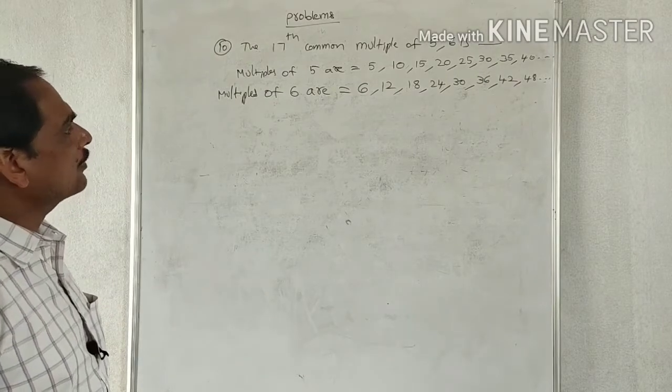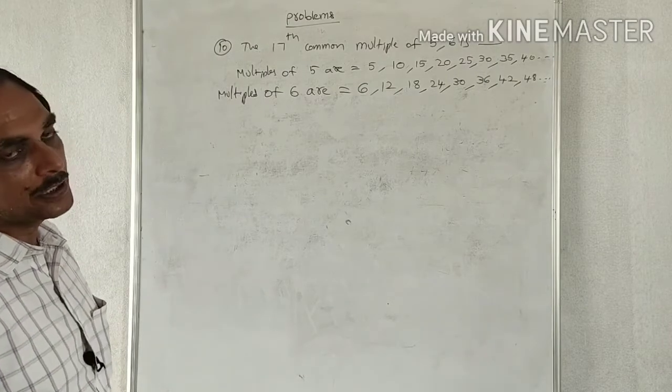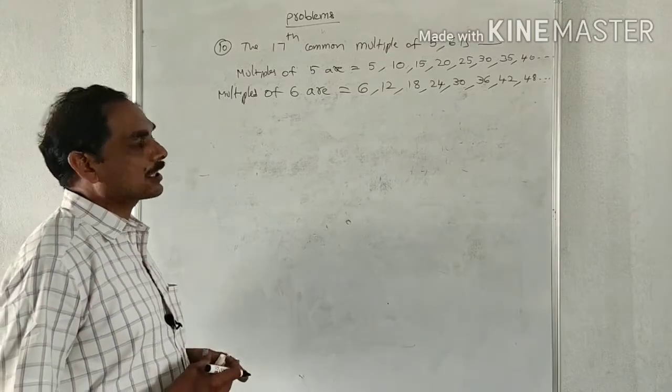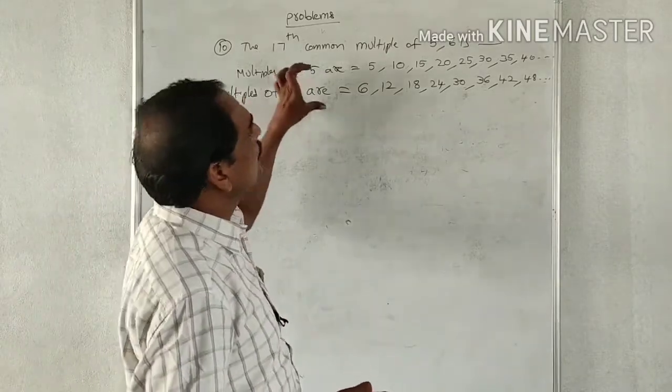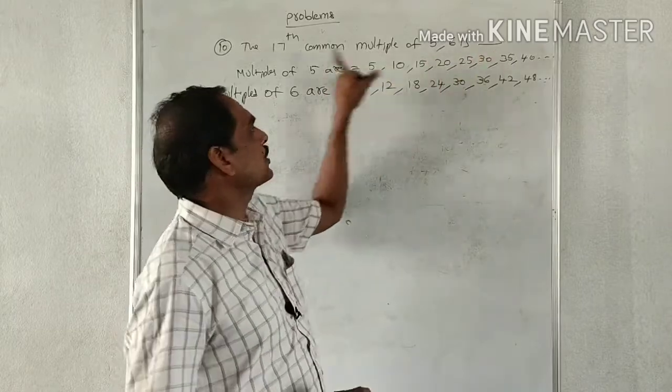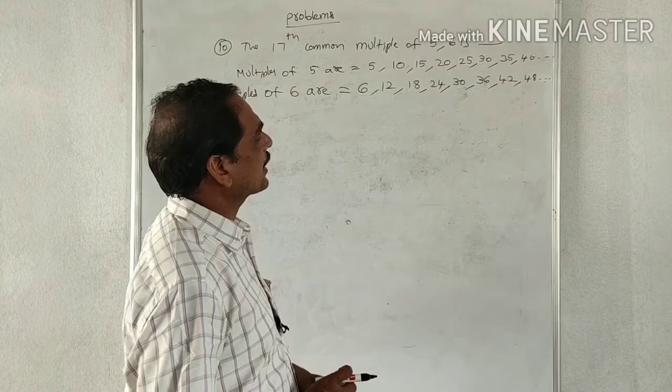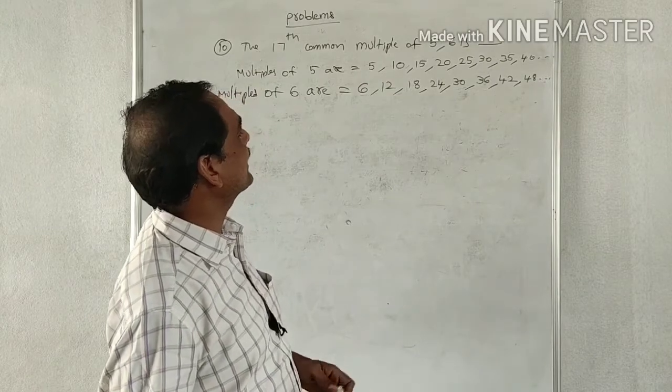So now we have to find the 17th common multiple of 5 comma 6. When we are going to find the common multiple of two numbers, we observe the multiples of 5 and 6. We can easily find the common multiple of 5 and 6.